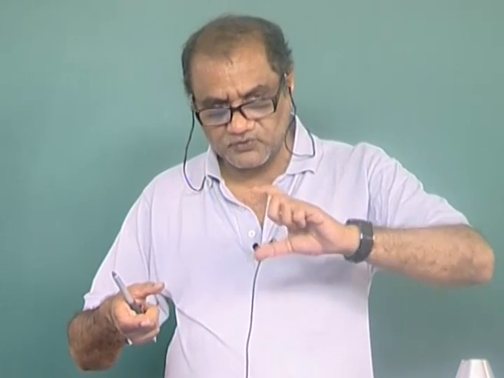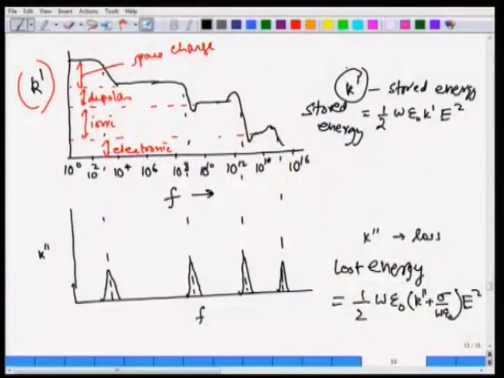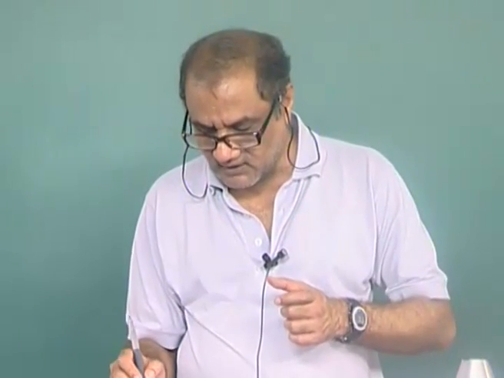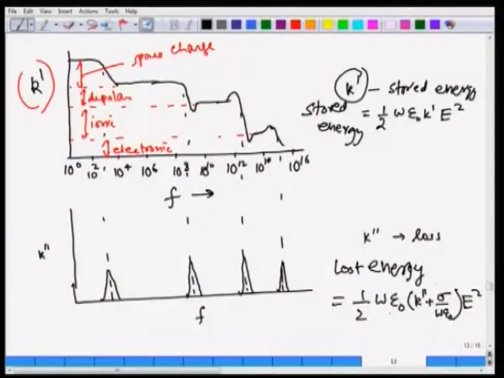If the polarization was able to switch at the same rate as the electric field, then we would have only this K prime, and all the energy would be stored. But because it was not able to follow, a phase difference emerges, and you start getting a loss. This is the lost energy, which appears as heat, and water starts boiling, so you can cook your food. It is because of this energy that this is happening.